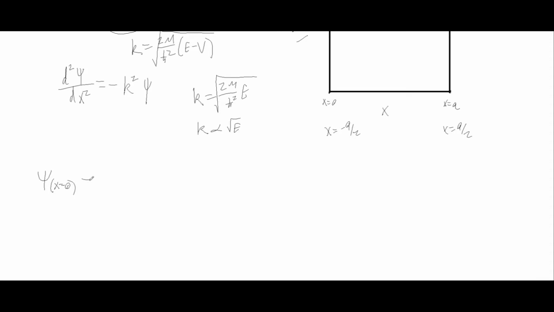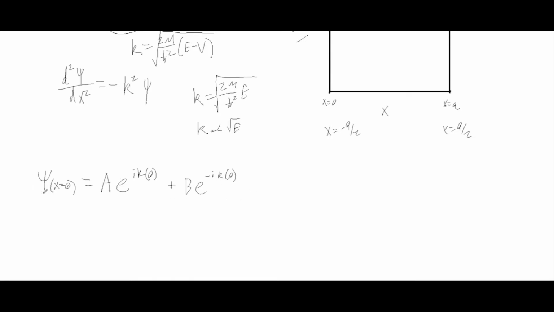And so that is going to equal a e^(ik(0))... that is, a e to the i k, and then we're putting 0 in for x, so I'll put that in parentheses, plus b e to the minus i k, and then x is 0, so we'll put 0 in for that.